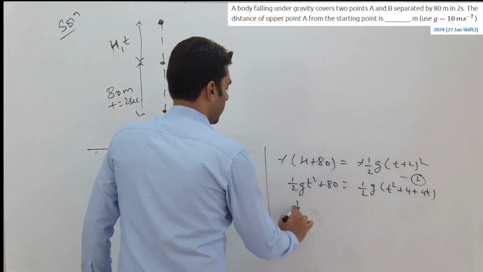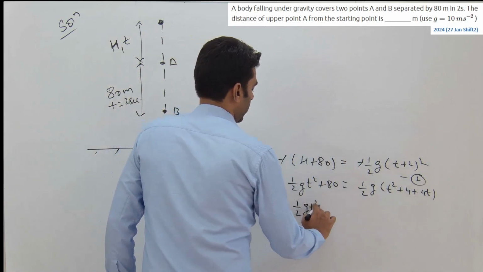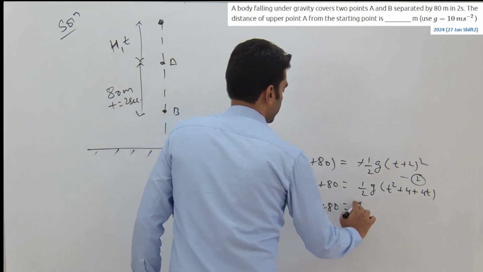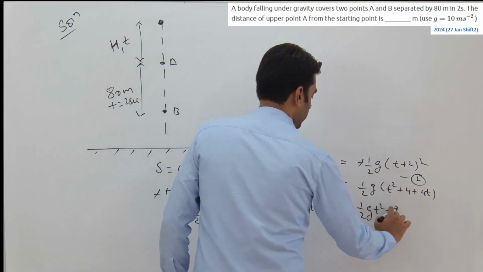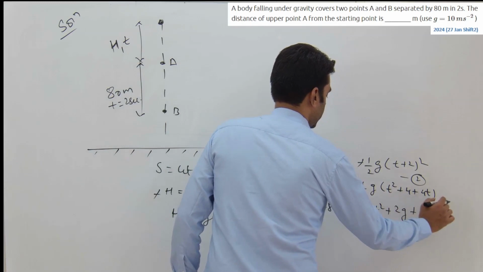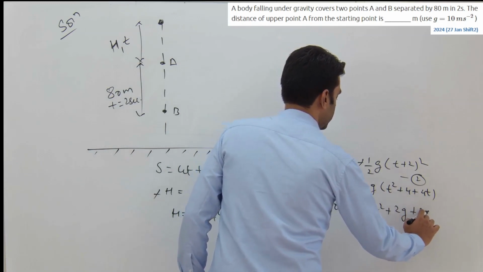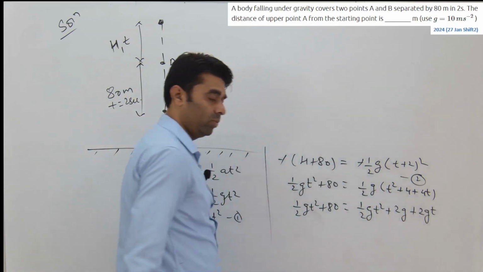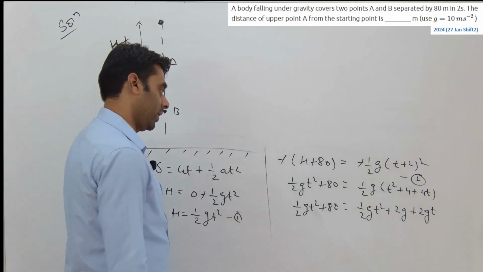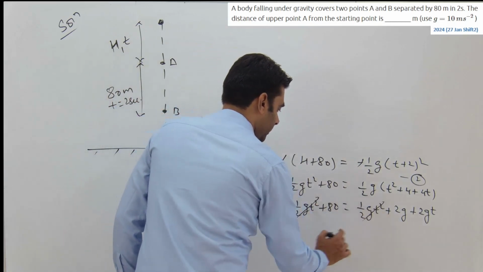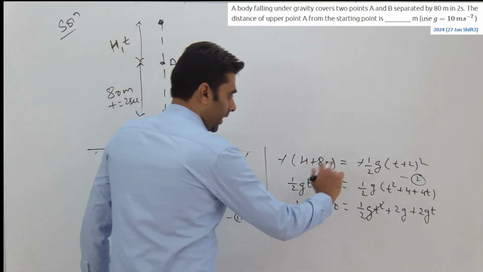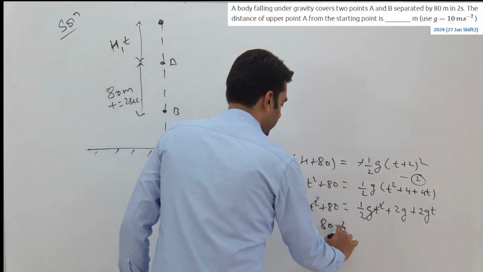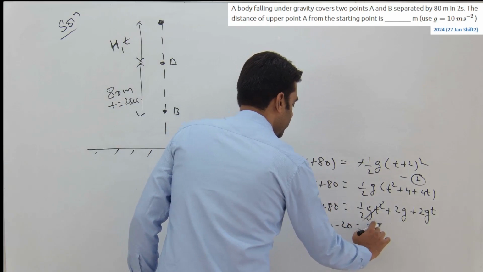So half gt square plus 80 is equal to half gt square plus 2g plus 2gt. I hope this is okay, right? Half gt square cancels. 80, this is 2g. 2g is basically 20. So 80 minus 20 is equal to 2g, that is 20t.